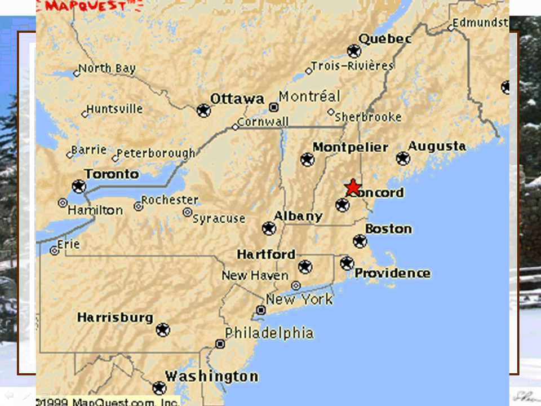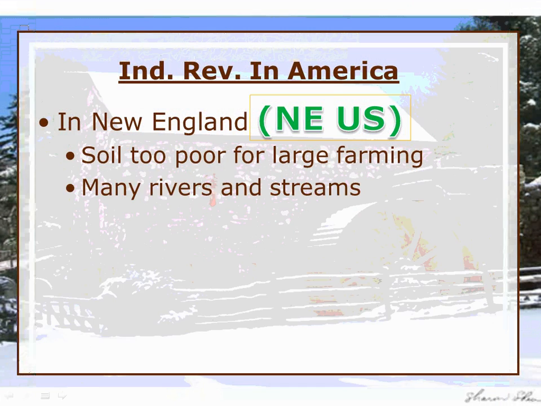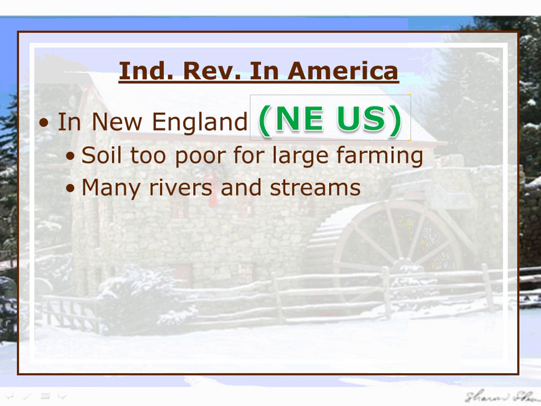Rivers, yes. Look at this. Look at the mountainous regions here. This is New England. This is where you got the mountains, and from those mountains flow rivers and streams, which provide the power to the machines in the factories and the mills.